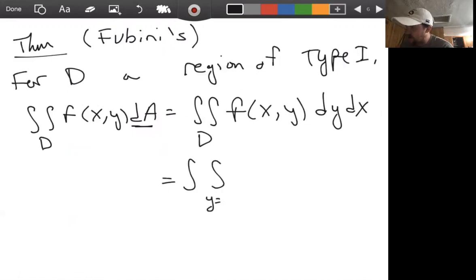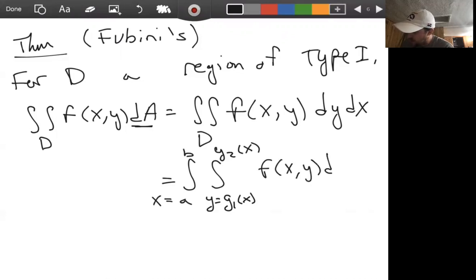Our y bounds are functions, g1 of x to g2 of x, and then our x bounds are numbers, a to b, of f of x y, dy dx.